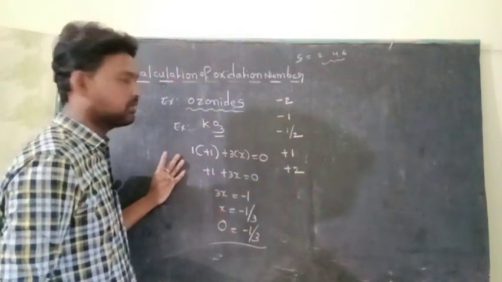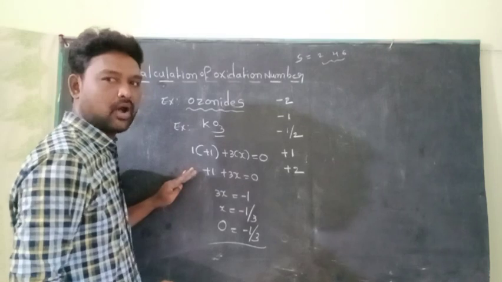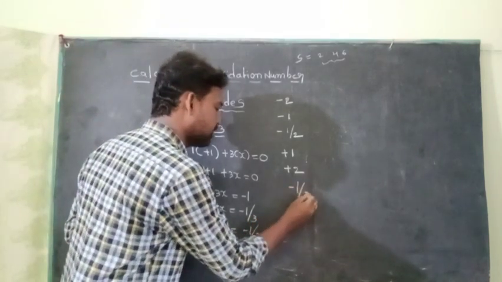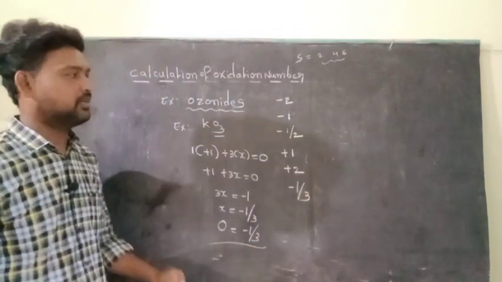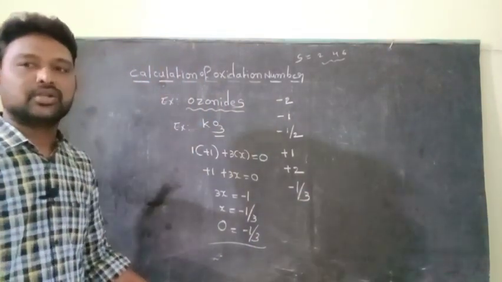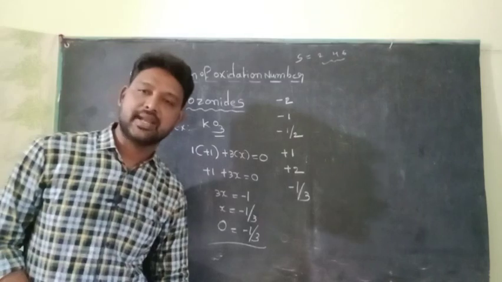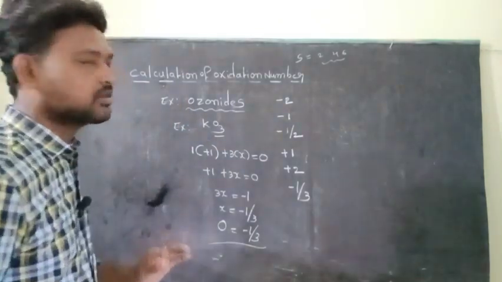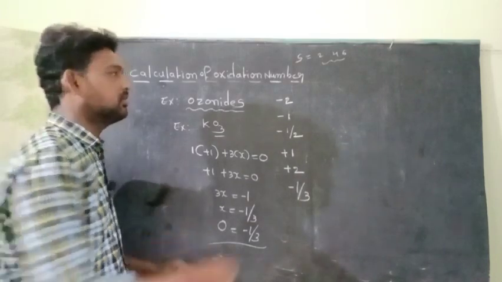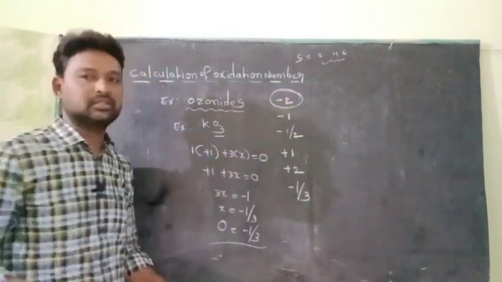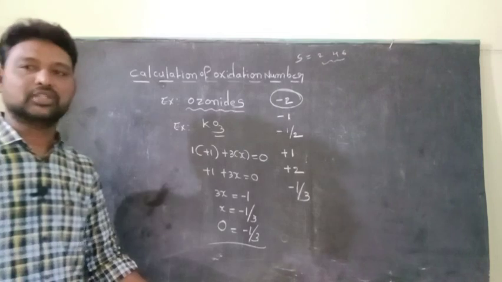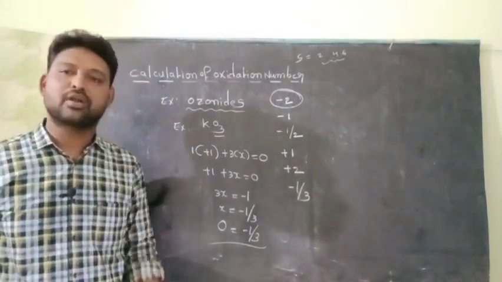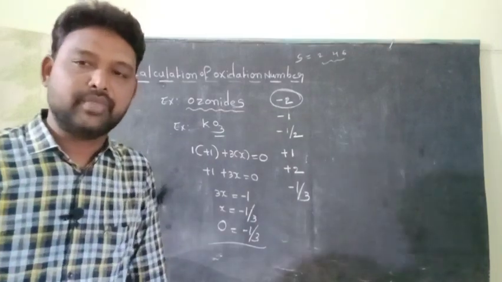Last one, in ozonides, oxygen exists with a -1/3 oxidation number. Okay, so different types of oxidation numbers are present for the oxygen atom. In most of its compounds, the oxygen atom exists with a -2 oxidation number, because oxygen's valency is 2. Okay, so these are very important types of oxidation numbers.